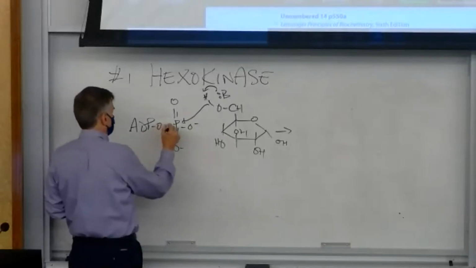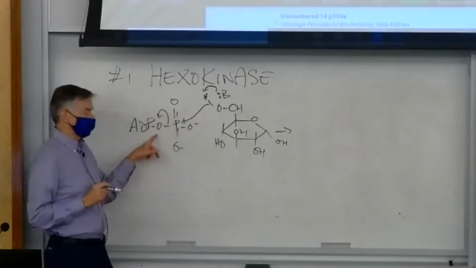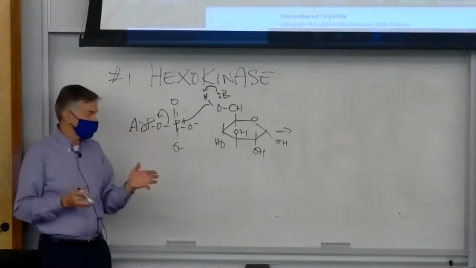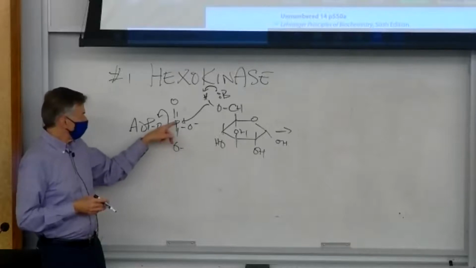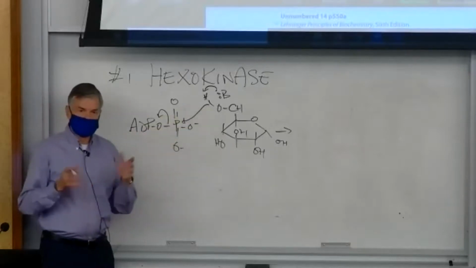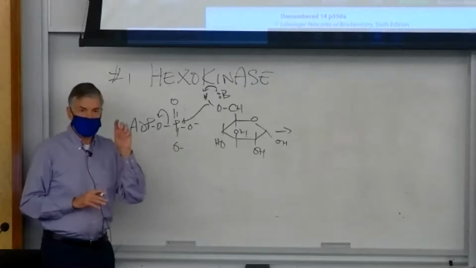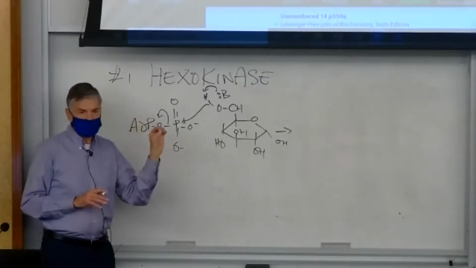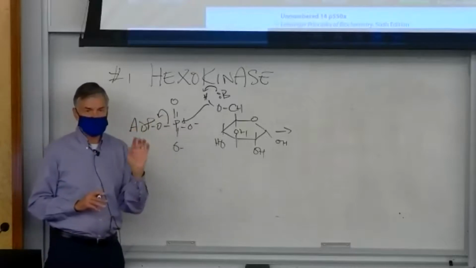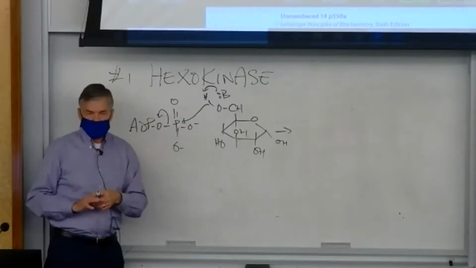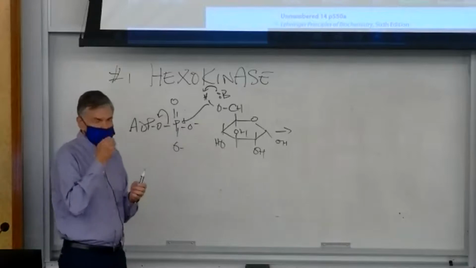This leads to a breaking of a bond, and we're left with ADP minus, which is typical. But we've now coupled the phosphate to the 6 carbon hydroxyl oxygen. So we now have glucose 6-phosphate. Okay? So it's a relatively simple process.